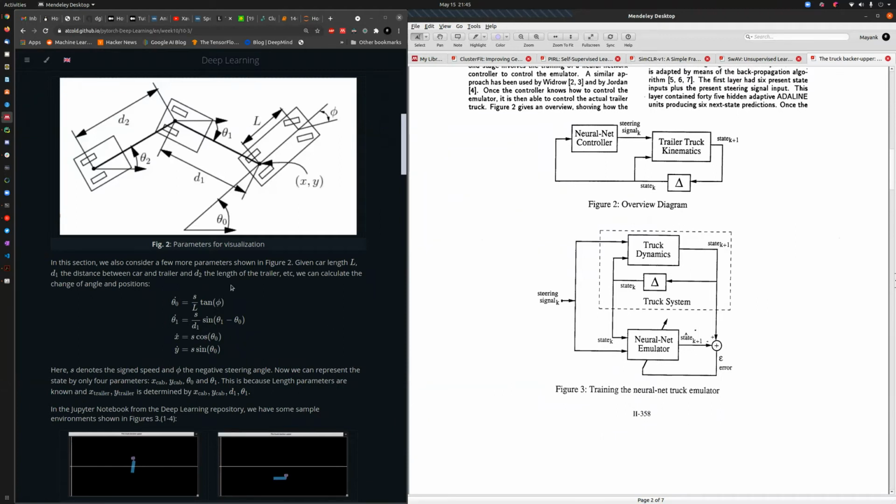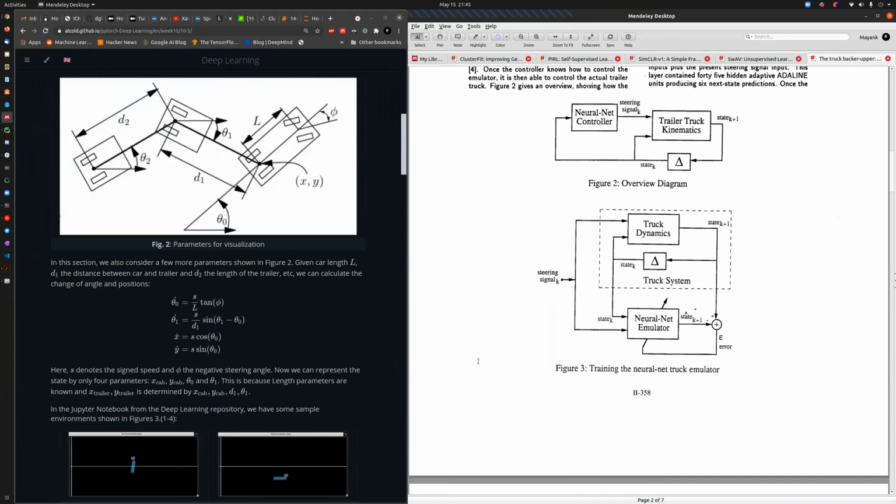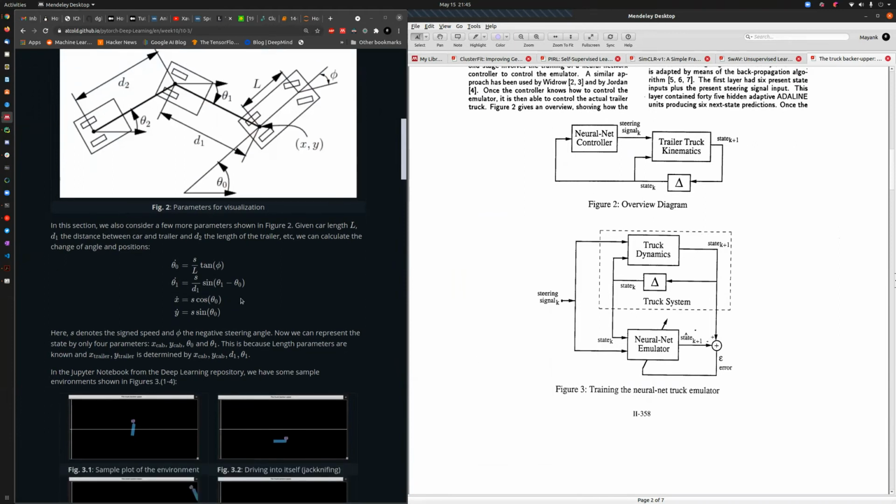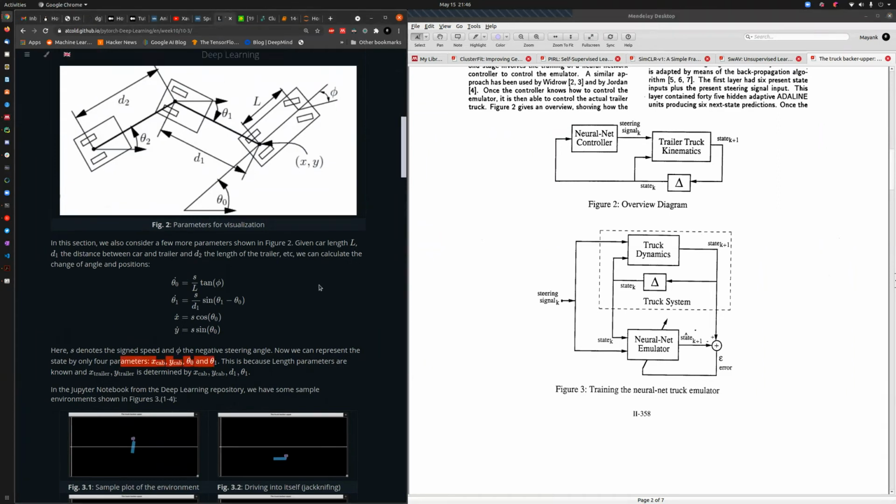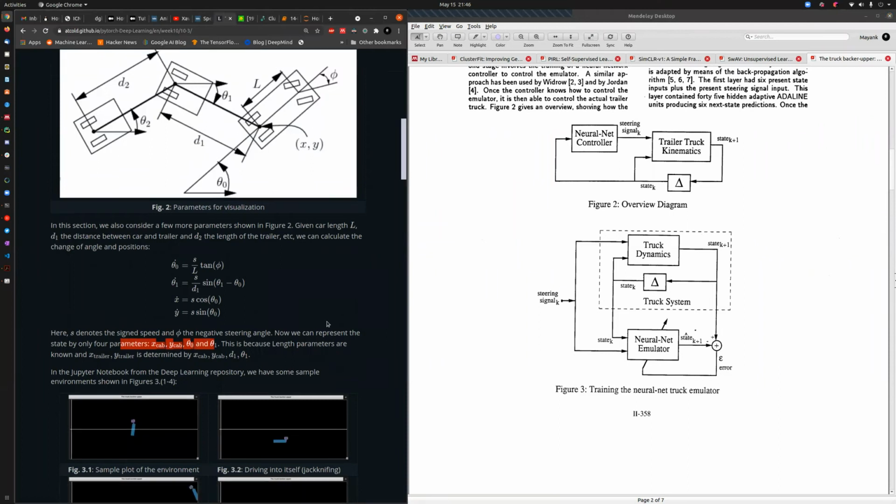So then this x dot and y dot is s cos theta 0 and s sine theta 0. These are the four parameters represented by the state: x cap, y cap, theta 0, and theta 1, because the length parameters are known.